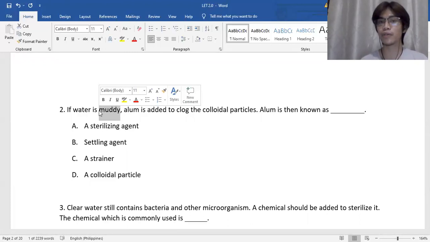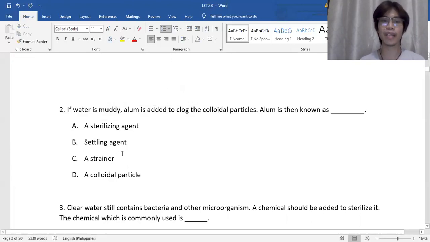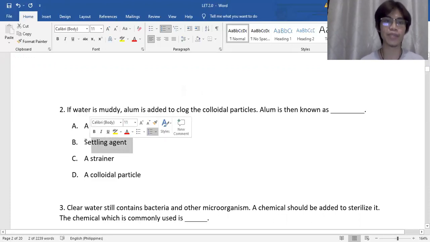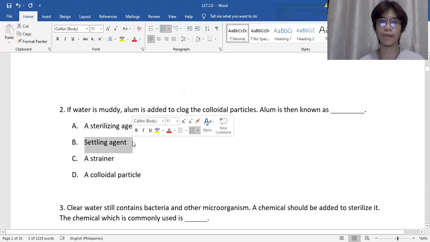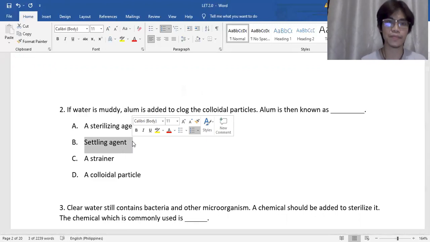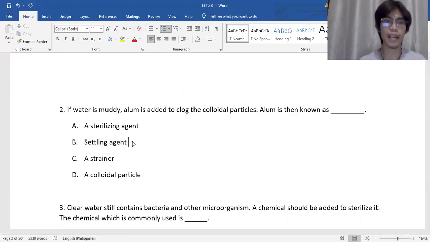So the correct answer here is settling agent. When you say settling agent, you let the mud settle at the bottom. That's the correct answer.